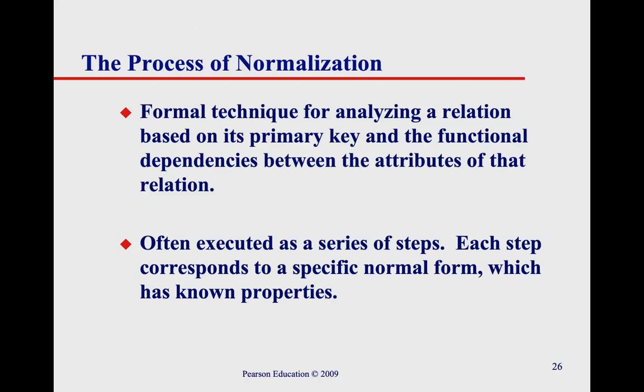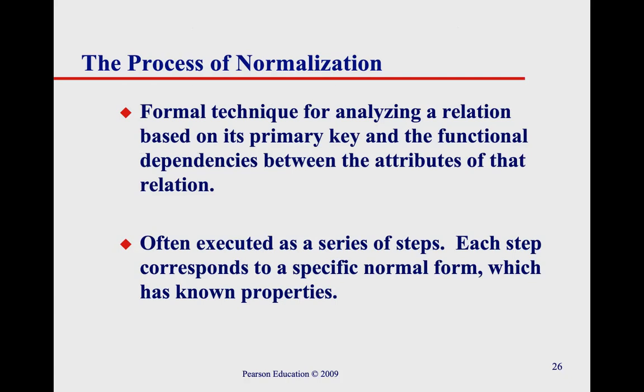We have talked about what we want to accomplish, which is we want to ensure that each entity is in its own relation and that descriptive attributes are not duplicated. And the way we're going to do that is by identifying functional dependencies.